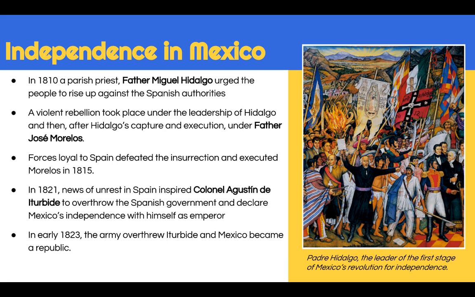He declares Mexican independence, and Iturbide crowns himself emperor. But only a couple years later, in 1823, the army overthrows Iturbide, and Mexico becomes a free republic. So Mexican independence really happens in 1821, but it finally becomes a republic, something similar to what the United States has with a representative government, in 1823. So 2 phases there to Mexican independence.